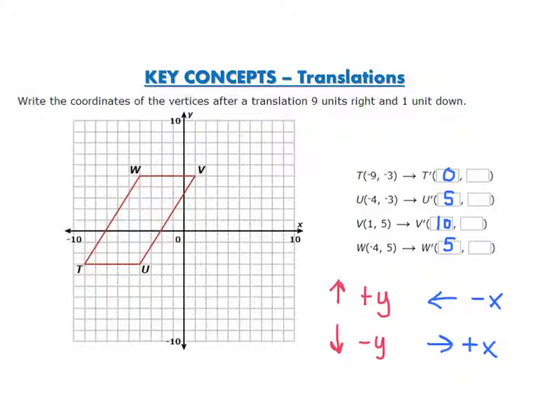Now on my Y's, I'm going to subtract 1. -3 minus 1 is -4. -3 minus 1 is -4. 5 minus 1 is 4. And 5 minus 1 is 4. So those are my coordinates after I translate 9 units right and 1 unit down.